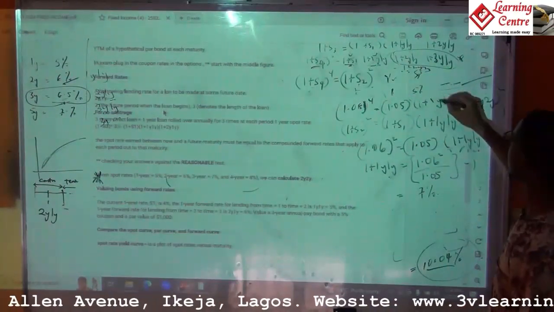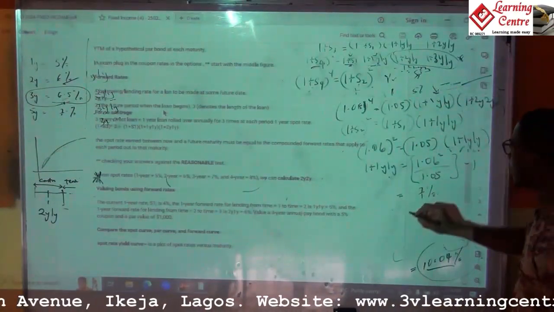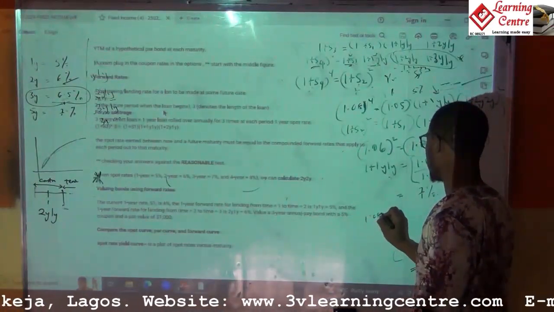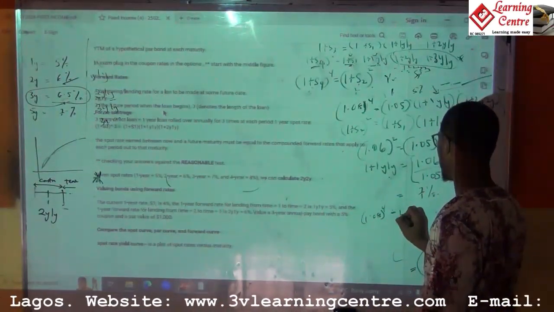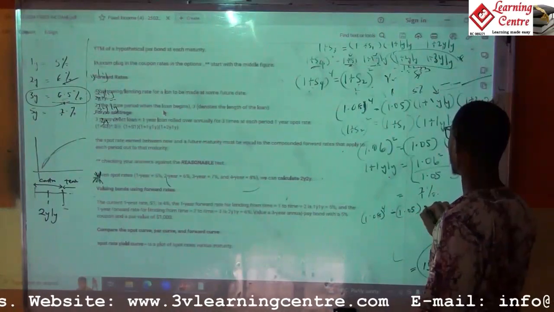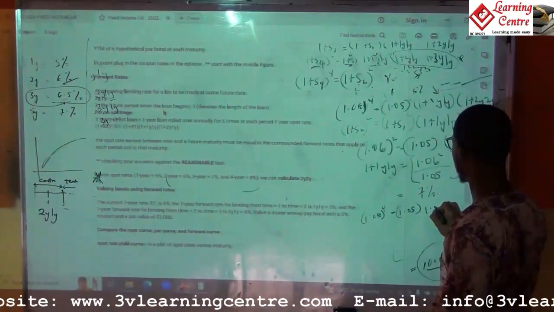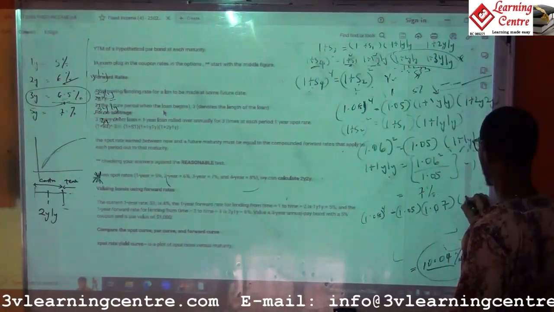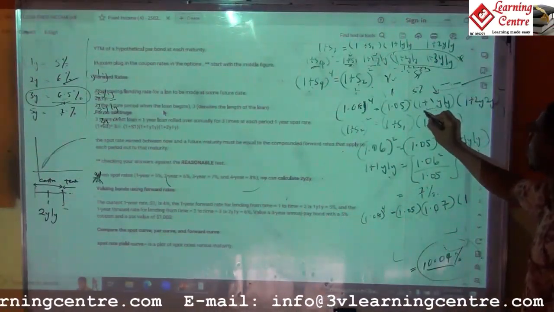I want to plug that in here again and do 1.08 raised to power 4 equal to 1.05 times 1.07.